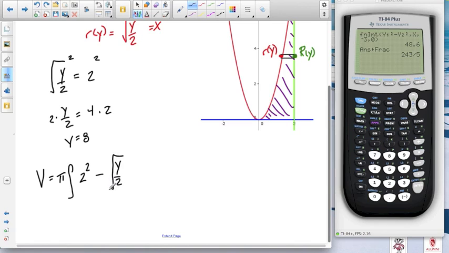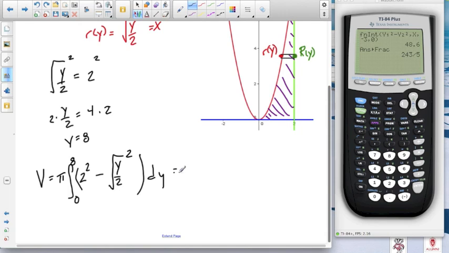And I'm going to have to square that as well. So here's our capital R of y squared minus lowercase r of y squared. Cap those off with some brackets and add our differential dy. And we're going to integrate from 0 to 8. So there is that expression.